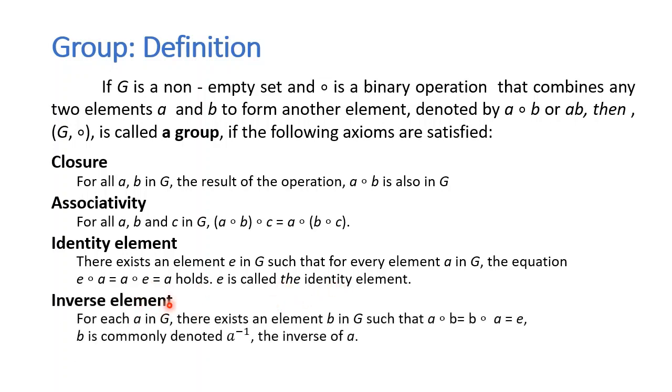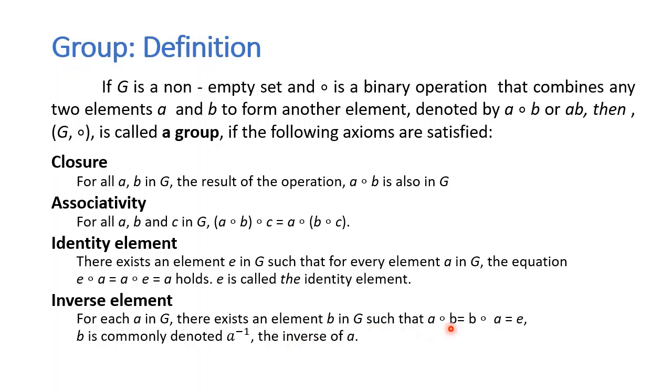Similarly, the inverse element. For each A in G, there must exist another element B in G such that A dot B is equal to B dot A is equal to E. Generally, we represent B by A inverse, that is A raised to the power -1.